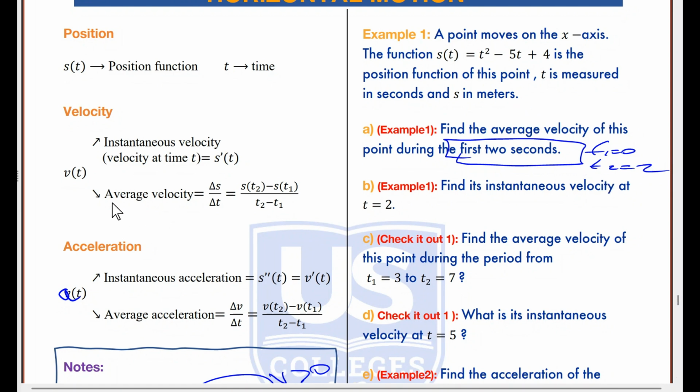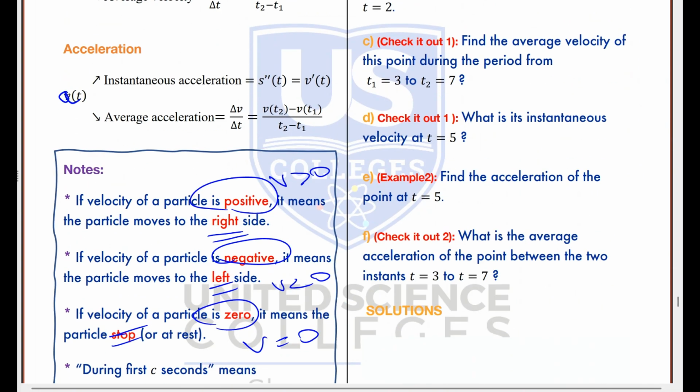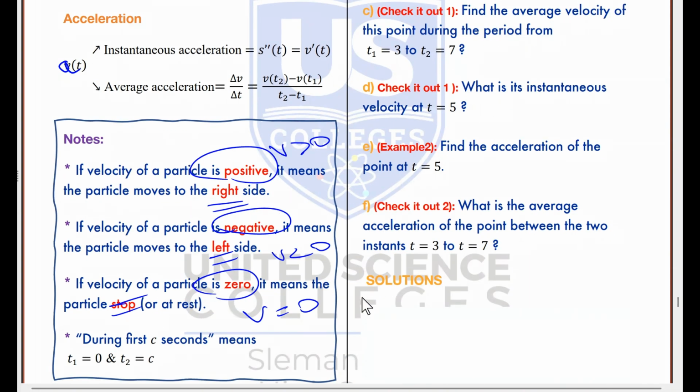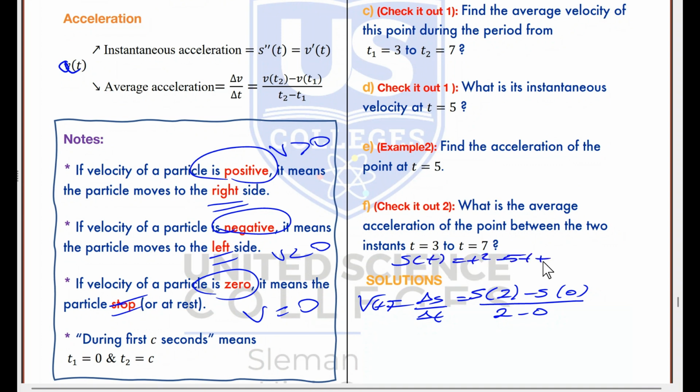So what is average velocity? Average velocity is delta s over delta t. Okay, let's start solving the question. So what is delta s? It is s(t2), which is s(2), minus s(t1), s(0), over t2, which is 2, minus t1, which is 0. So substitute 2 for t in the function. The function was t squared minus 5t plus 4, right?